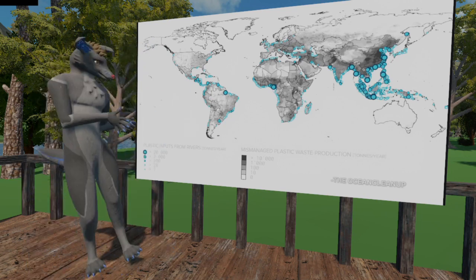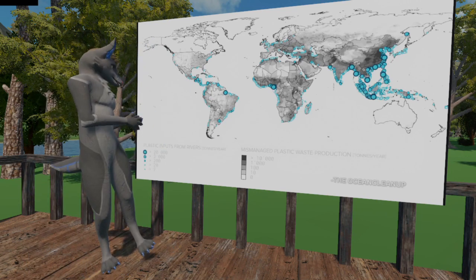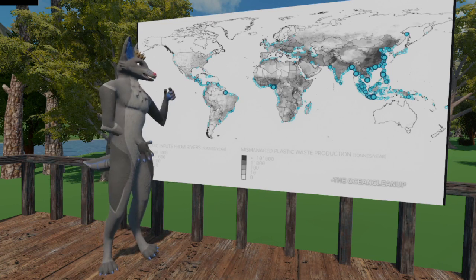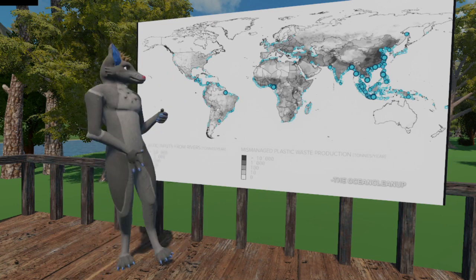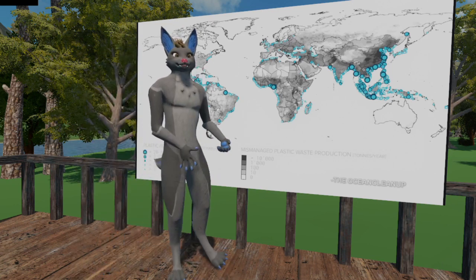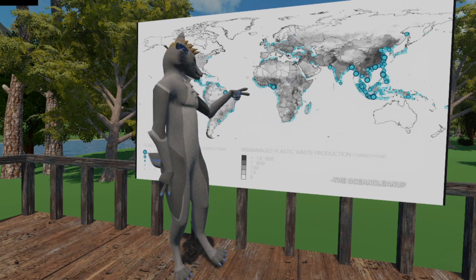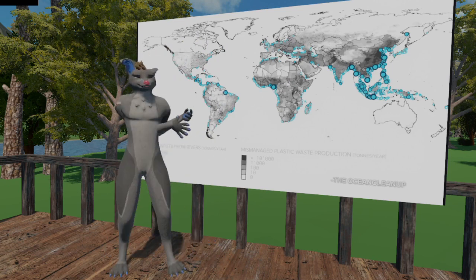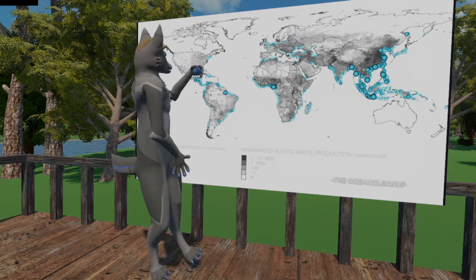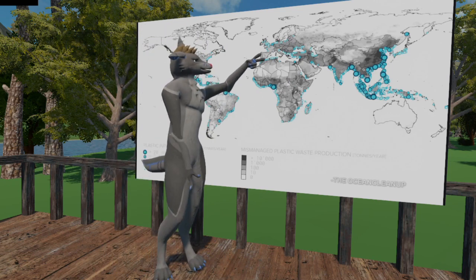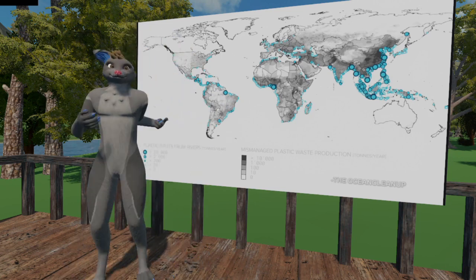The bigger the blue dot is, the more plastic enters the river. You see a lot of third world countries, developing countries, have bigger dots. For example, Asia, Africa, or South America have bigger dots compared to America or Europe.